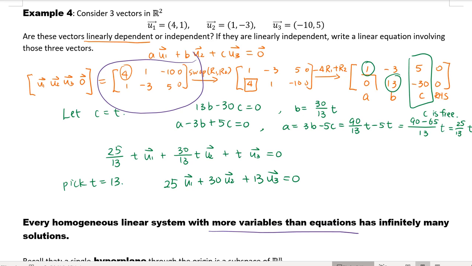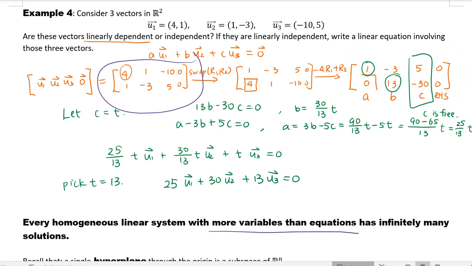And we can see there are 2 equations and 3 unknowns. So we have more variables than equations. And then you can see at the end, after we get the echelon form, because there are 2 equations, we can only have 2 leading coefficients. And then there is a column with no leading entries.